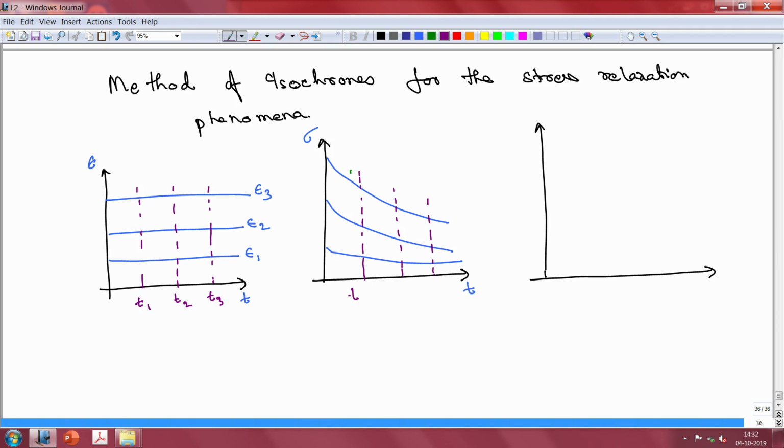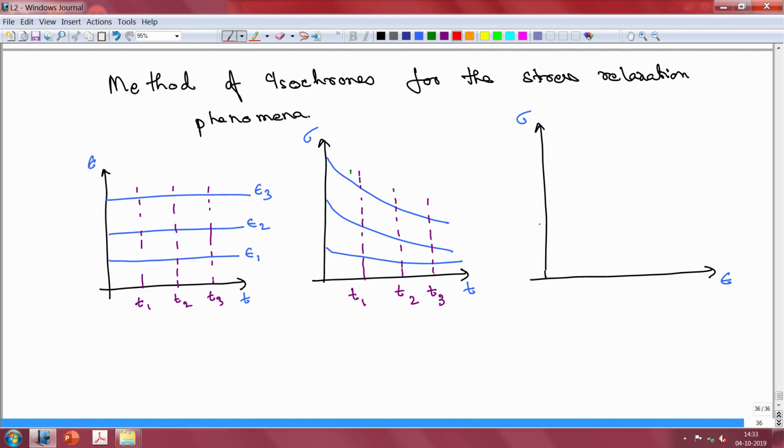So your input and output are being sampled at the same time, and what you are going to do is plot your stress versus strain relationship, and you want to see how that looks. If linearity holds, then by a similar argument to last time, you will find a straight line.